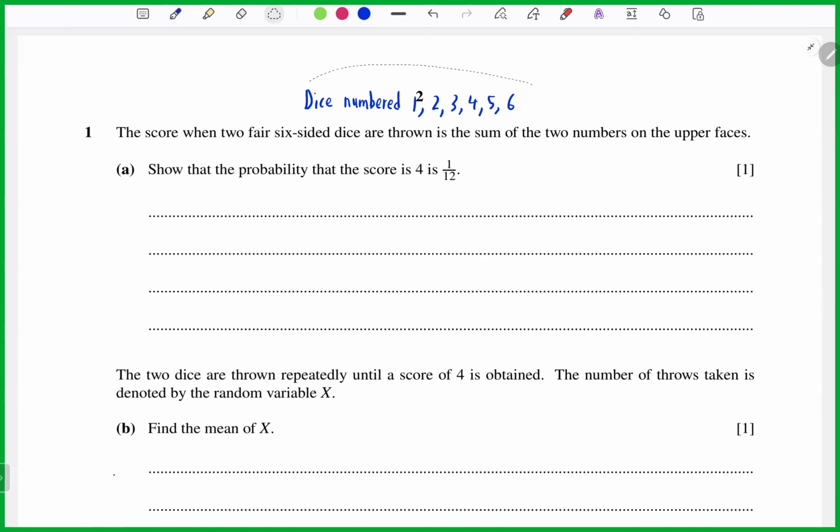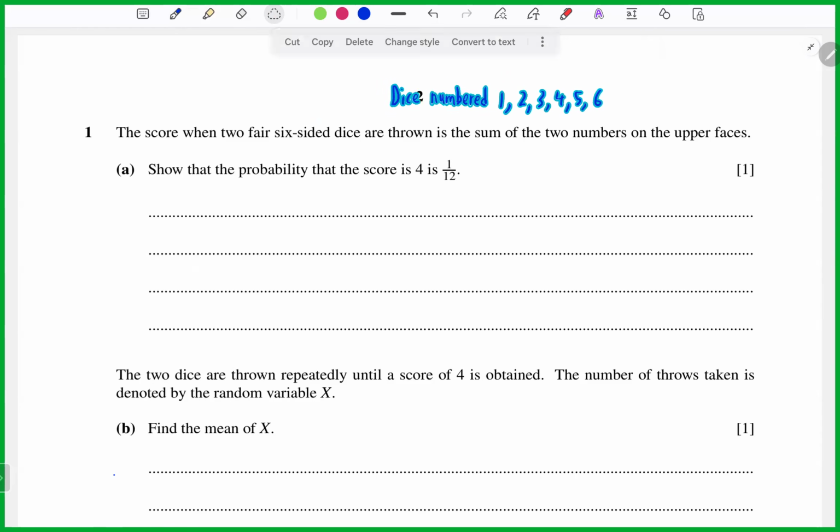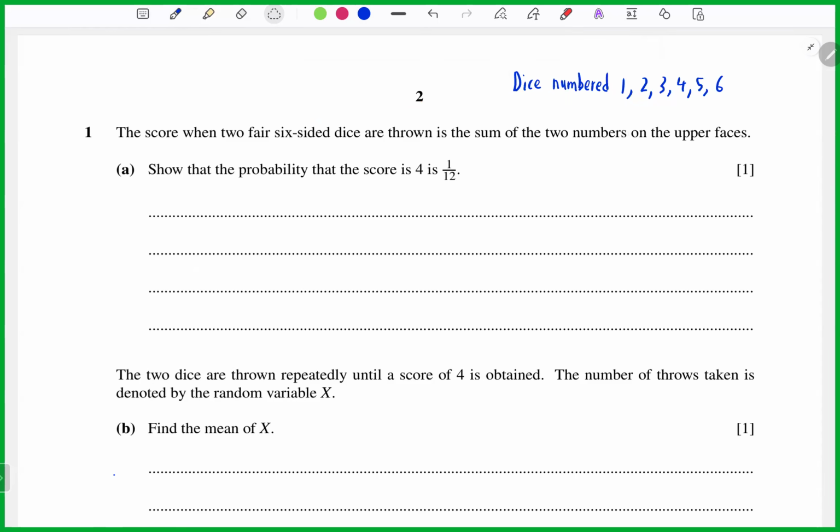You have 6 numbers here, right? So now we can try to think things out. What values can get a total equal to 4 here? So we can take 1 plus 3, or 3 plus 1, or 2 plus 2.